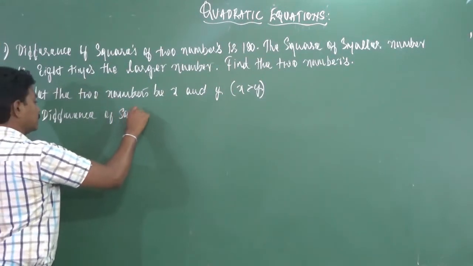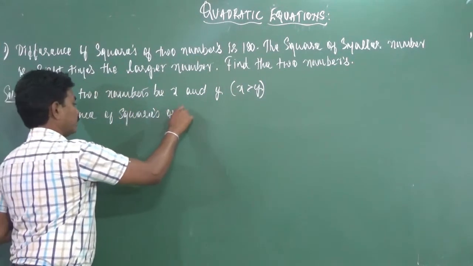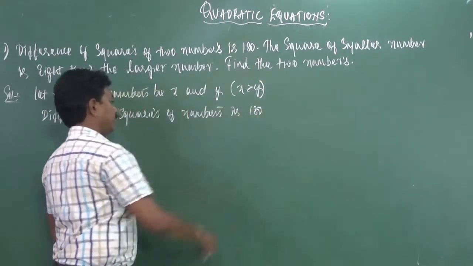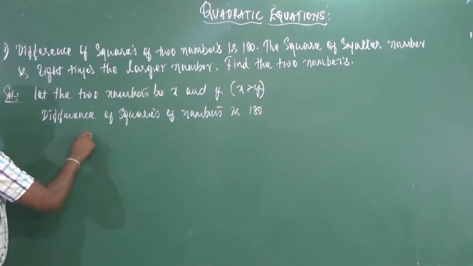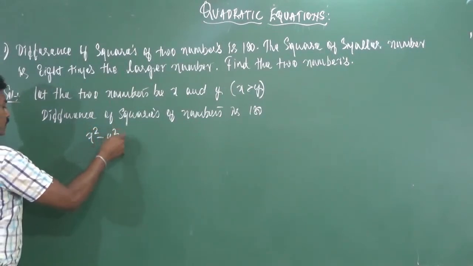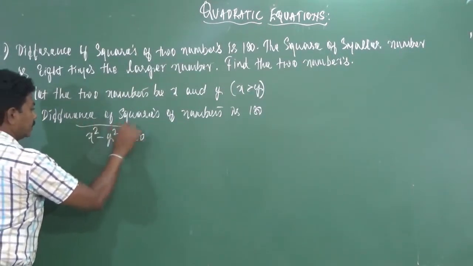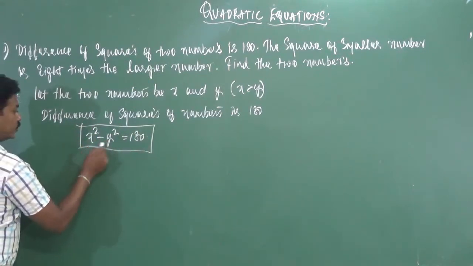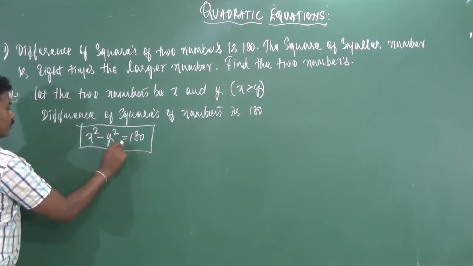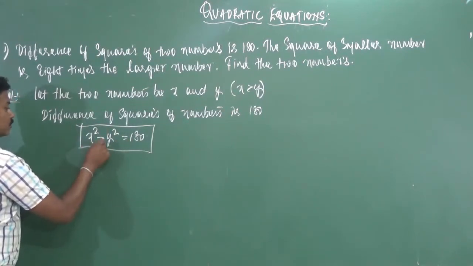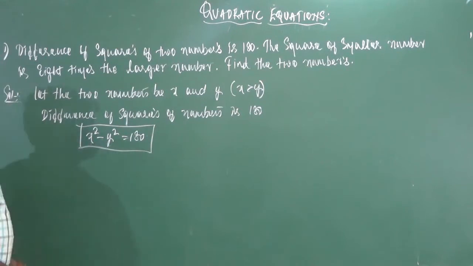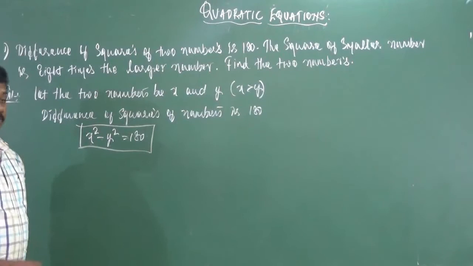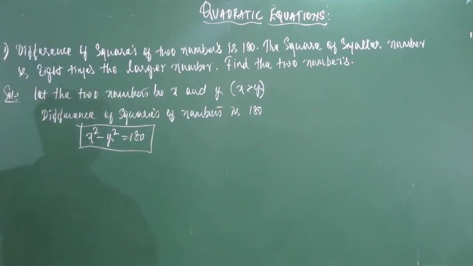This can be written as x square minus y square is equal to 180. It's a very important result. If you take y square minus x square, this will become minus 180. Please don't do that, because we have already mentioned that x is greater than y. So x square minus y square is 180.